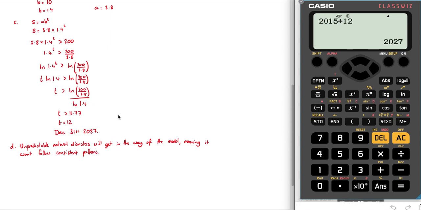Anything where you're talking about the fact that this is a model, but it probably won't last forever, is a good sort of answer to that question.